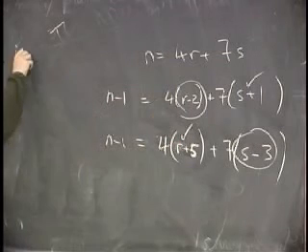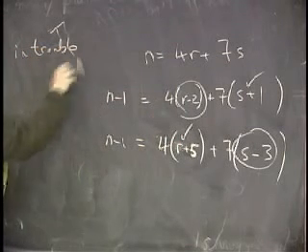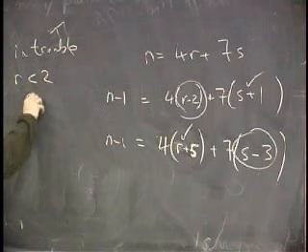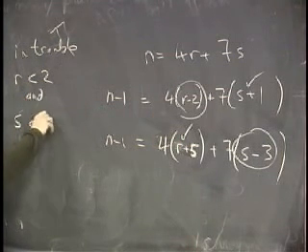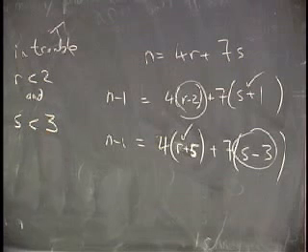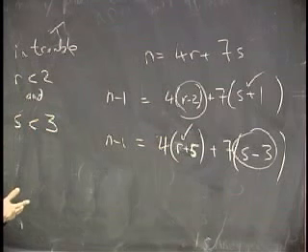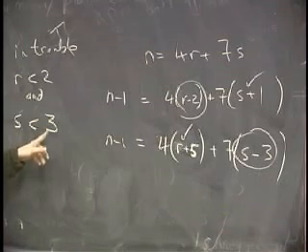We're in trouble when R is less than 2 and S is less than 3. If R is less than 2 and S is less than 3, let's take the largest situation where that can happen. That means R is 1 and S is 2.